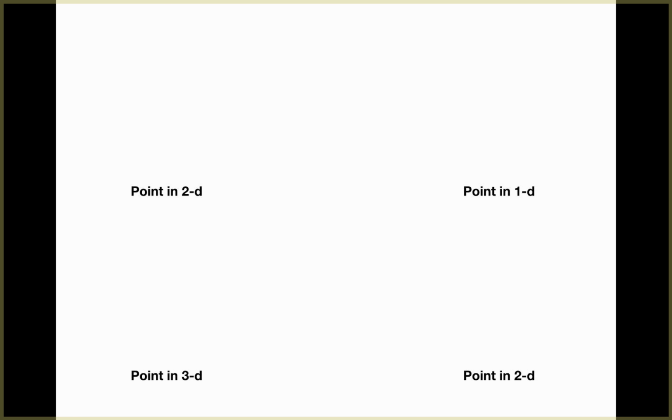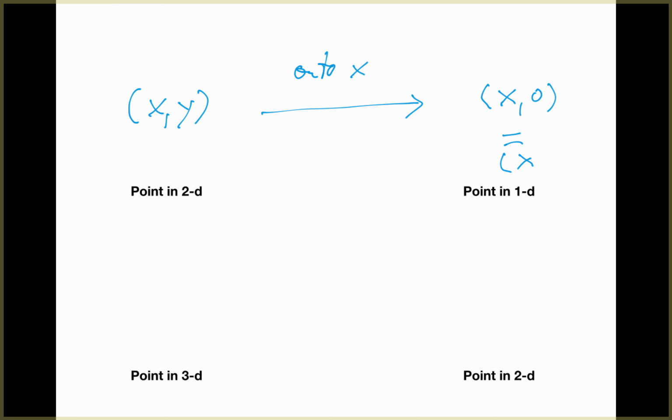So to summarize, if we take a point in 2D which is characterized by its x and y coordinate, and we project that onto the x-axis, then the y coordinate disappears and we're ending up with (x, 0), equivalently just x as the coordinate.